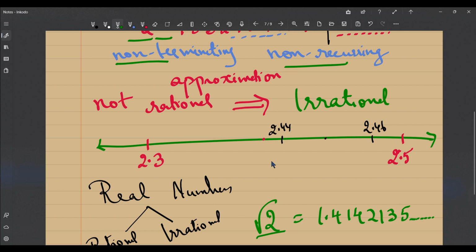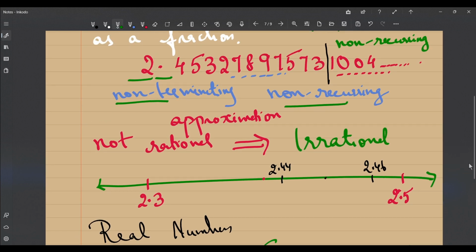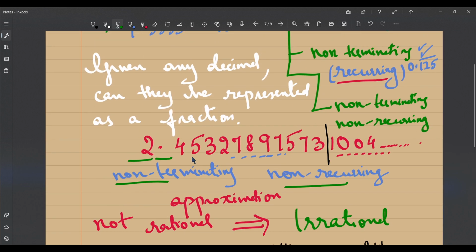So I hope you have followed the purpose of this video. Though you already knew that these numbers were irrationals, I was trying to tell you that a third type of decimals also exists, which are non-terminating and non-recurring, and these are irrational numbers.